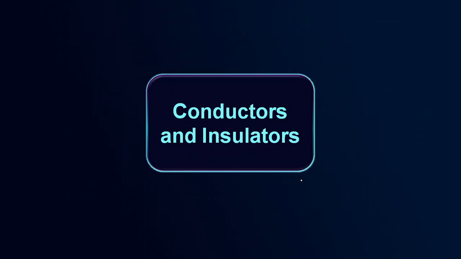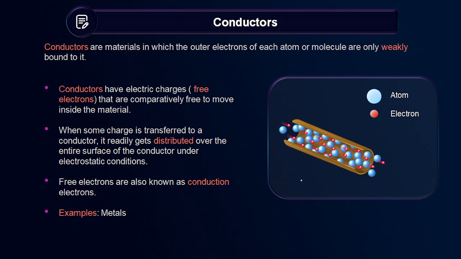So now a few basic things, that is conductors and insulators. What are conductors? We all know conductors are materials in which the outer electrons of the atoms or molecules are only weakly bound. So conductors have electric charges, that means free electrons that are comparatively free to move inside the material.